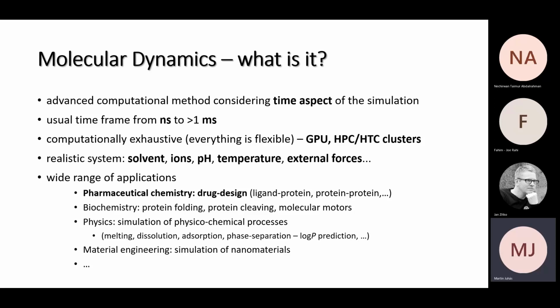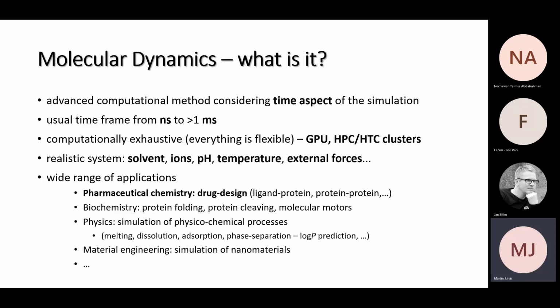Usually these simulations are done in nanoseconds up to several milliseconds. That's a very long simulation. So usually in most cases we are in the range of hundreds of nanoseconds.